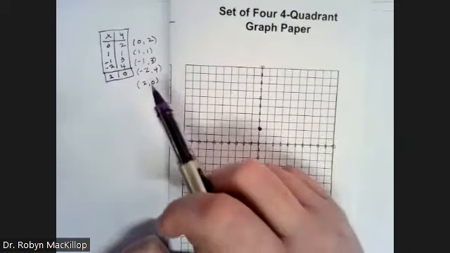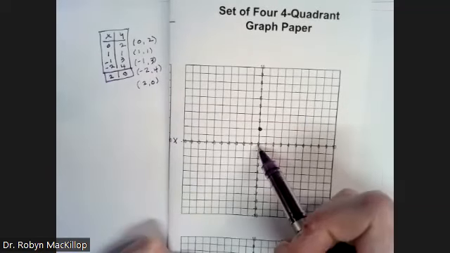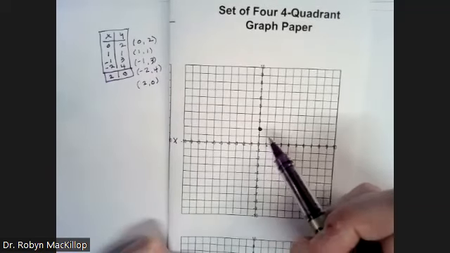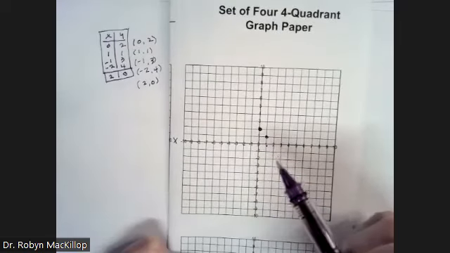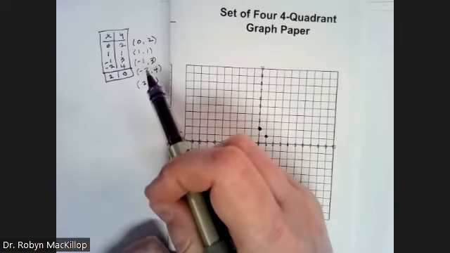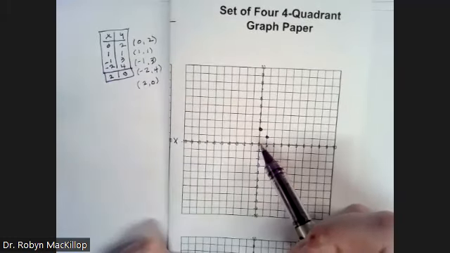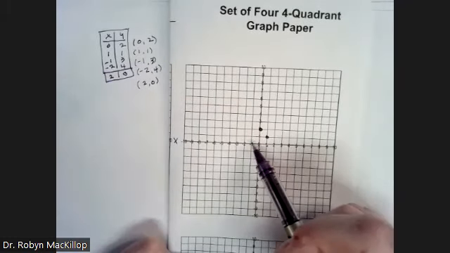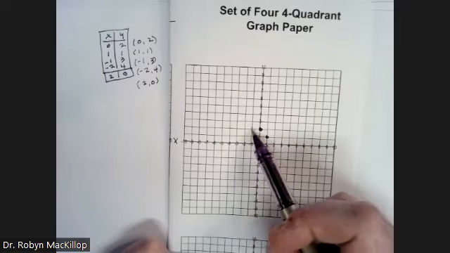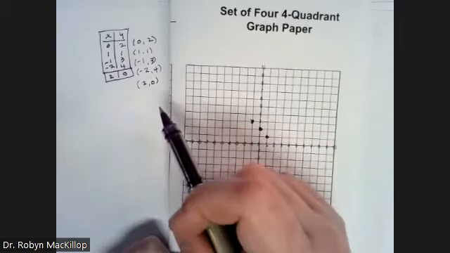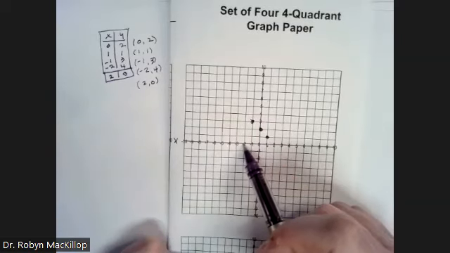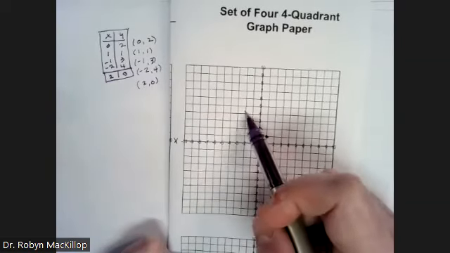Then we've got 1, 1. So we start 1 on X, 1 on Y. You can see already where your line is going. -1 and 3. So we go to -1, then 1, 2, 3. -2, 4: -2, then 2 and then 4.